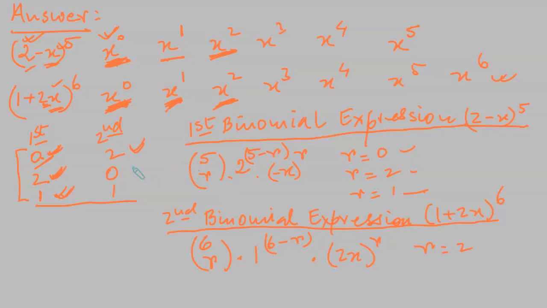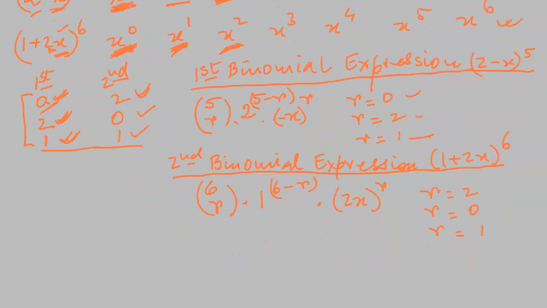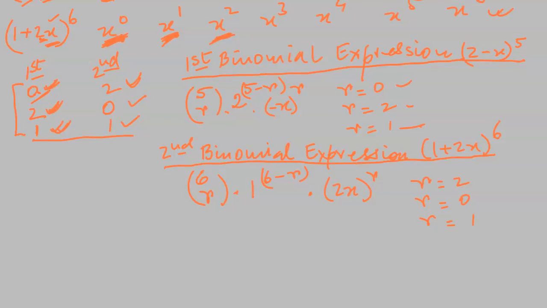When x is having the power of 0, r is equal to 0, and when x is having a power of 1, r is equal to 1. Now we will be just getting the terms.